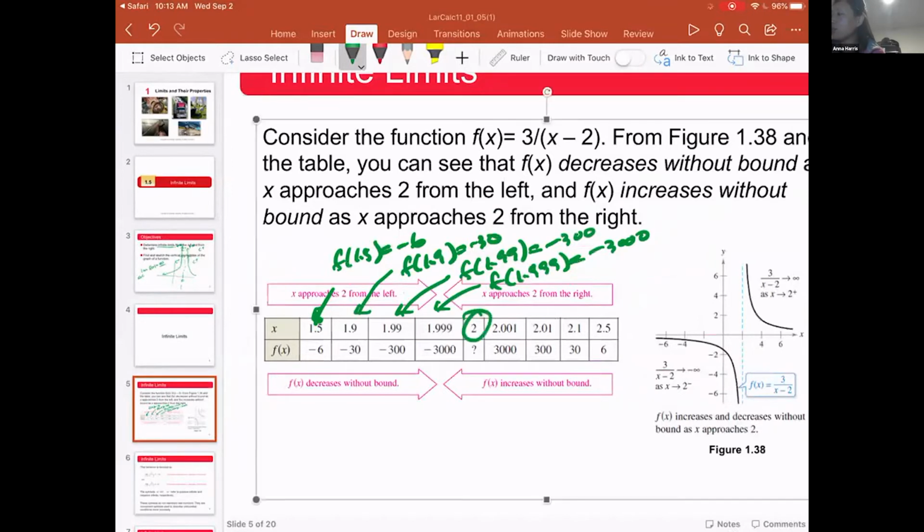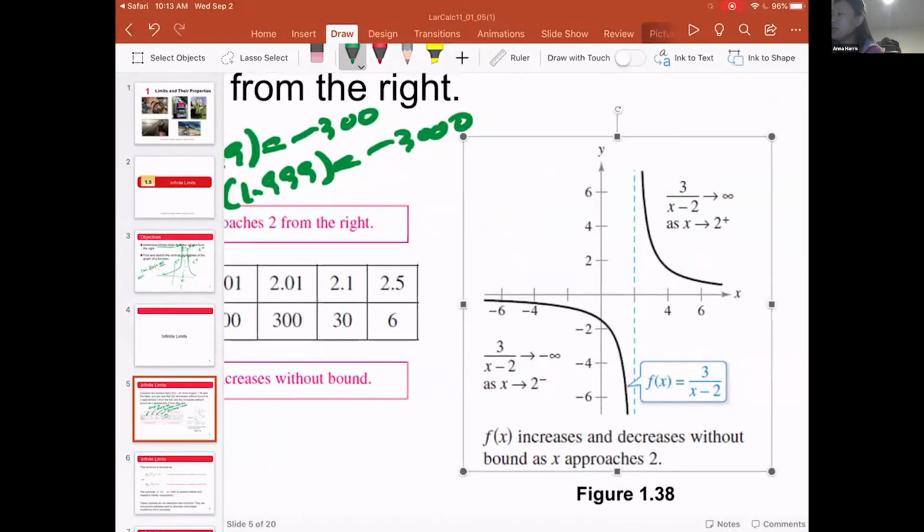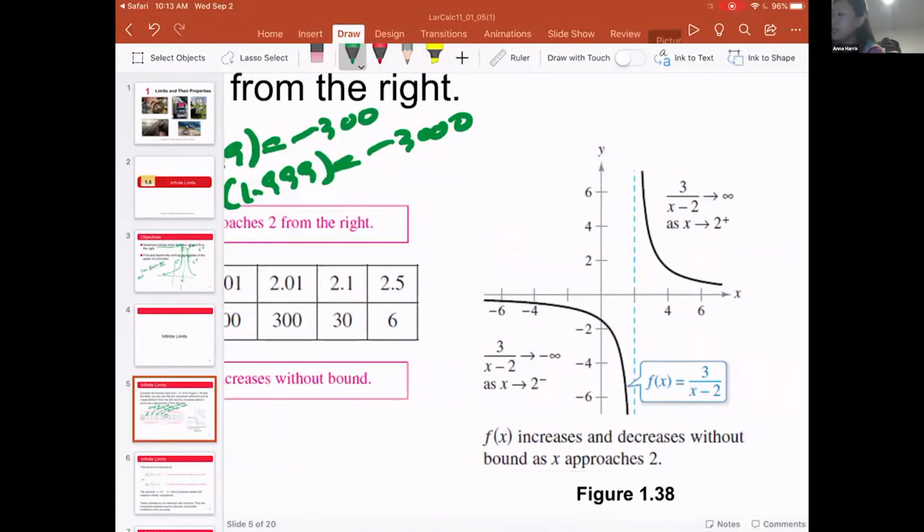I don't know what it is at 2, I'm not so sure, but let's look at this graph. You see this graph? This graph keeps going up. What number does it go up to? We don't know, but it would be infinity, some huge number.